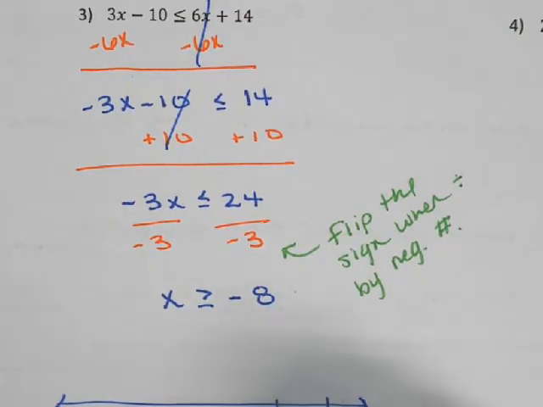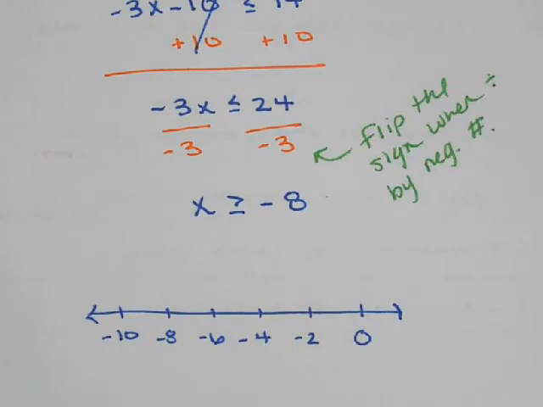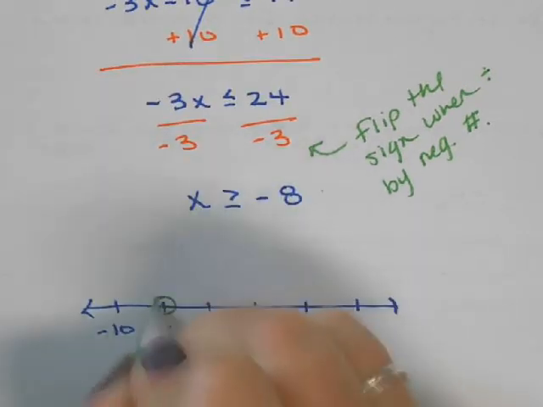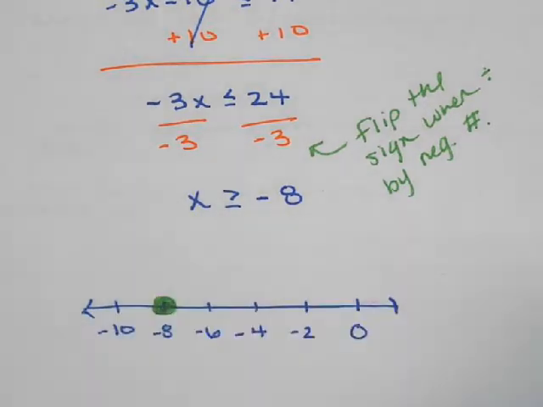I'm going to just count by negative 2's. Oh, sorry. There you go. So I counted by 2's. That way I got there a little bit quicker. Negative 8's right there. Are we going to have an open circle or a closed circle on negative 8? Closed. So I've put my closed circle.